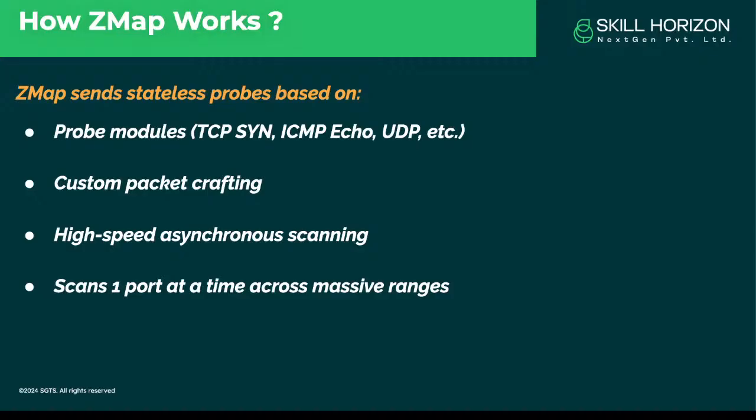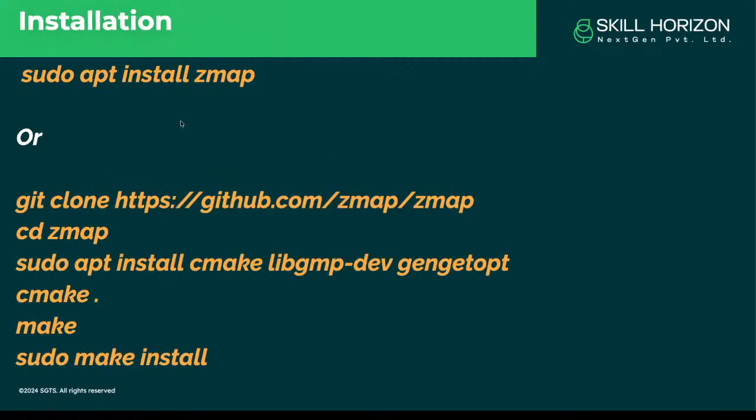Okay. So now if we talk about how you can install it on your system, there are two methods. If you are using Kali Linux or any Debian based Linux distro, then you can install it with the help of the apt package manager, right?